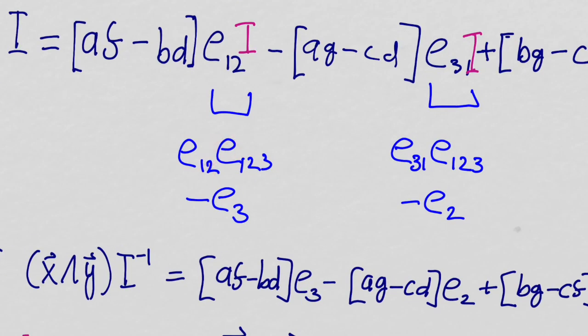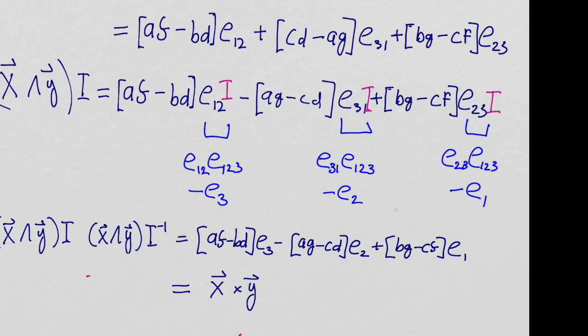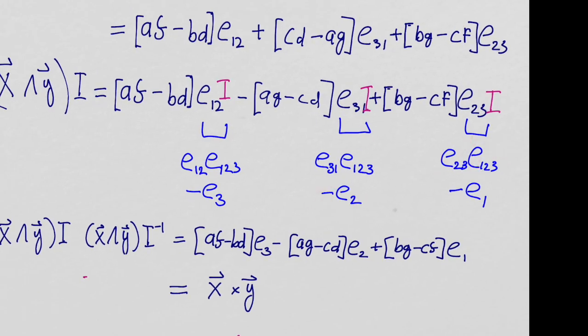I swap the 2 with the 1 and grab a negative sign, then the 2's square to 1, and the 1's square to 1, which leaves E3 with a minus sign in front. Likewise, you can do it here and here the same way, and you get minus E2 and minus E1.